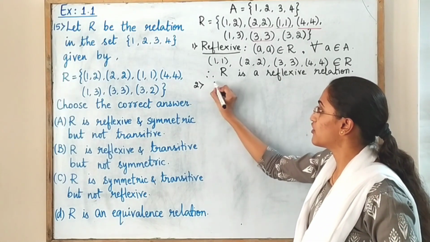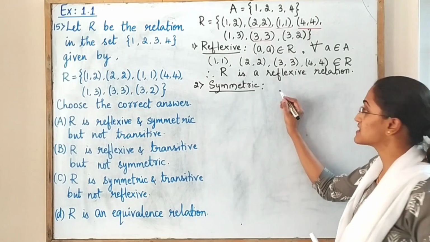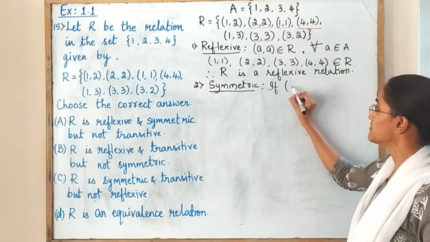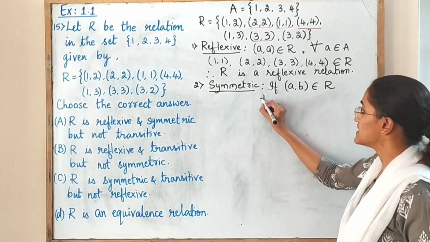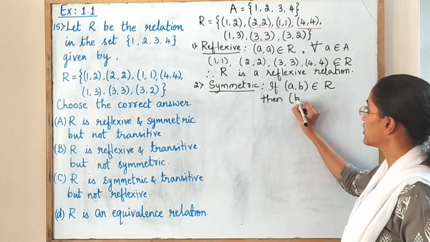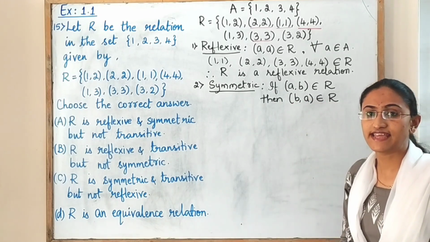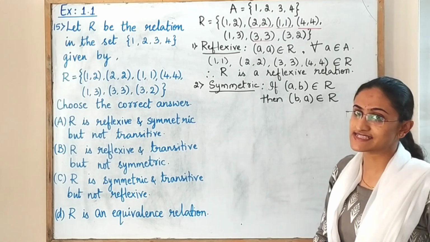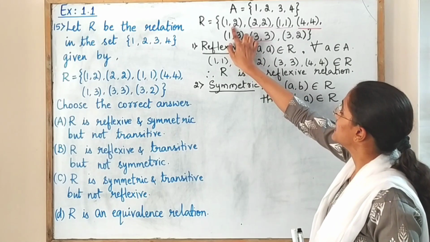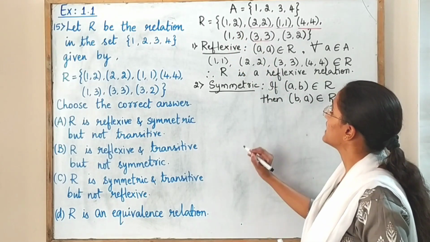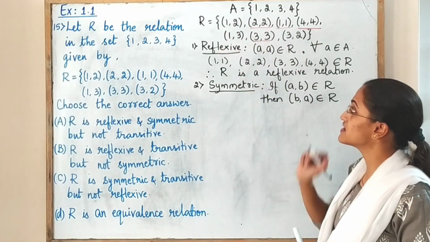Secondly, checking for the symmetric relation. Remember the condition: if a term (a, b) belongs to the relation R, then the term (b, a) should also be in the relation R. Only then can you call the relation a symmetric one. Now, checking each element, you have an element (1, 2) in the relation R. But do you find any term (2, 1) in the relation?